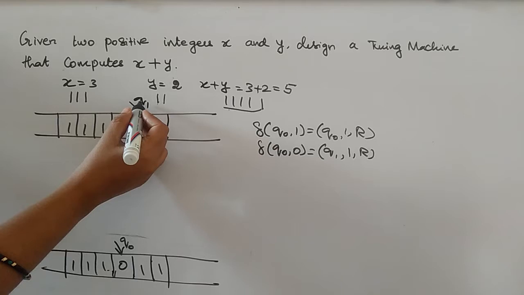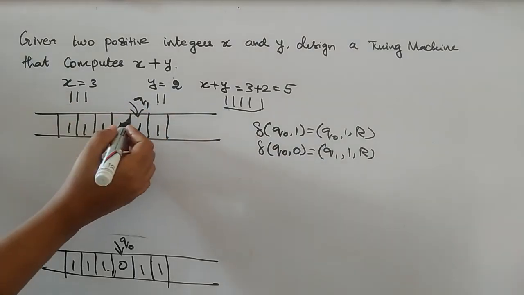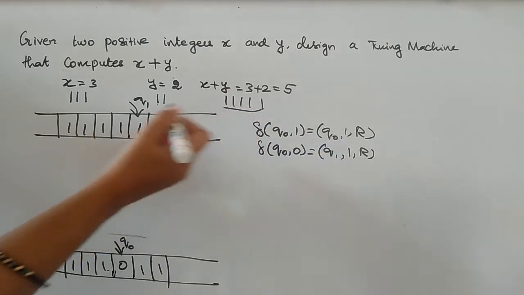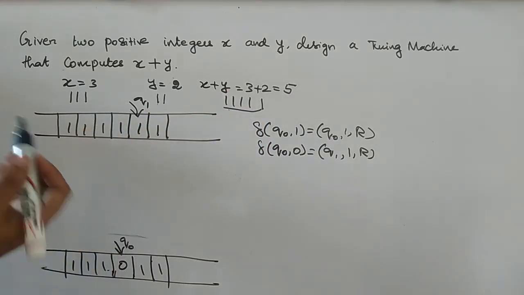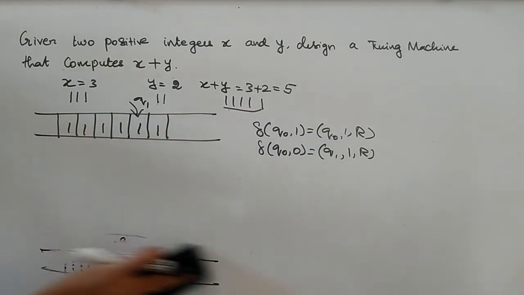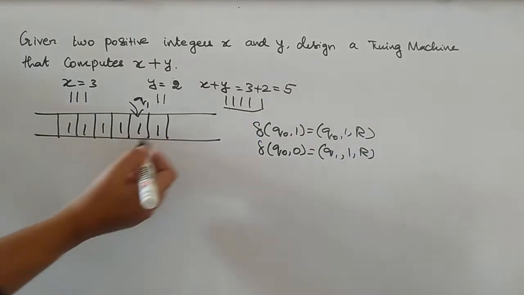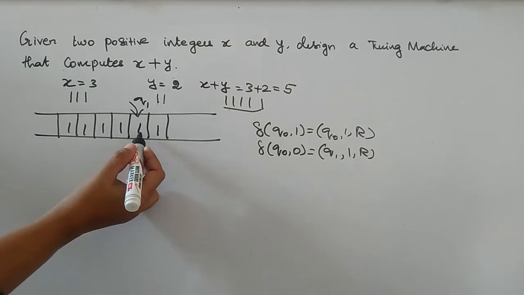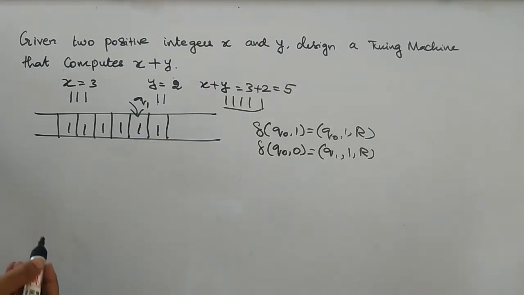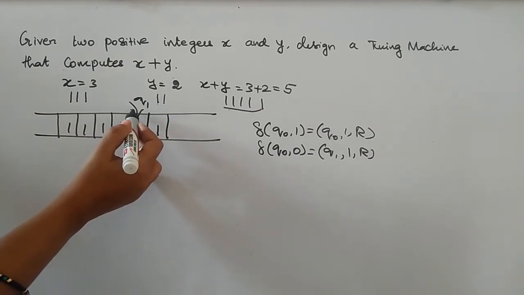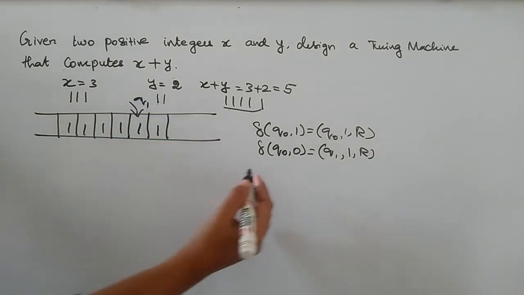If the machine is in the state Q1 and it is pointing to 1, there is no necessity to replace it by any other bits. The reason is that since we would like to get the 5 ones, there is no necessity to replace it by any other symbol. Simply we can move the read-write head towards the right.